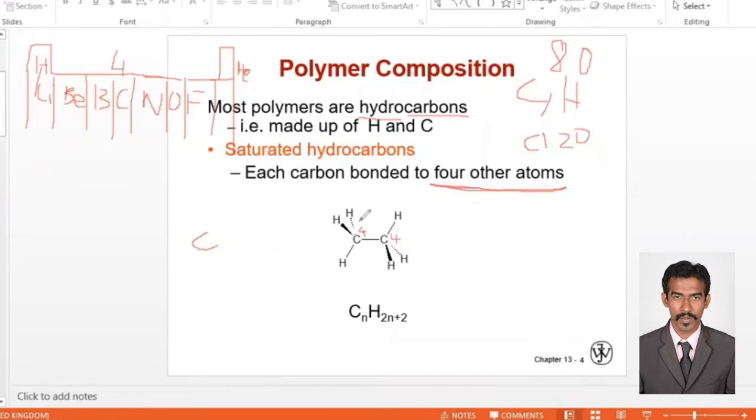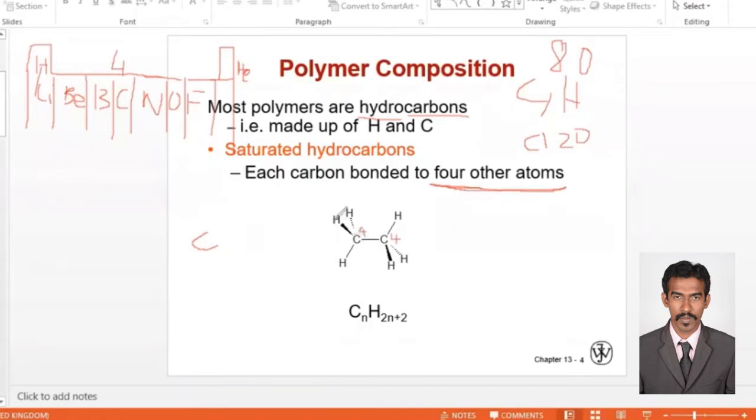With this hydrocarbon, one bond is to hydrogen, the other also to hydrogen, the third also to hydrogen, and the fourth to carbon. Similarly for the next carbon: three hydrogens and one carbon. So there are 1, 2, 3, and 4 bonds.